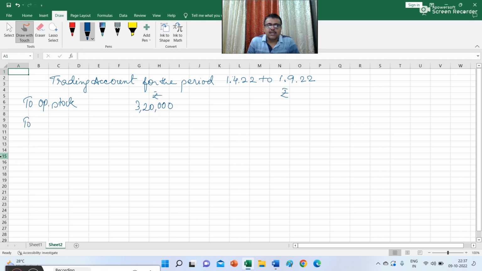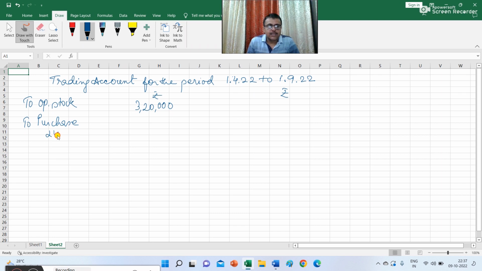Now it is given in the question that the purchases from 1st March 2022 till 1st September is 2,40,000. So you have to calculate the amount of purchase from 1st April.